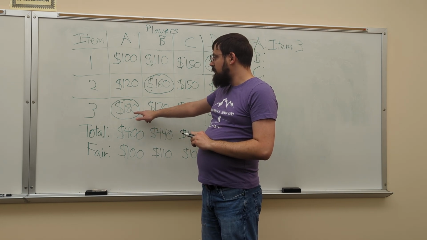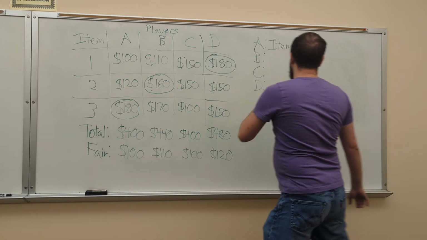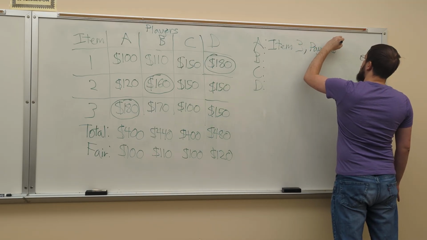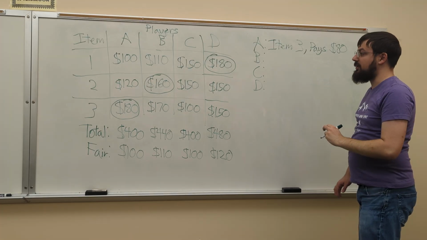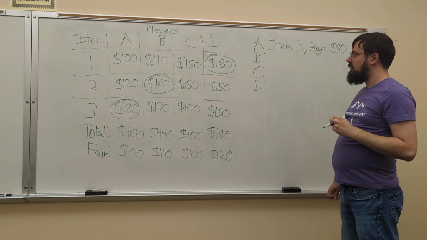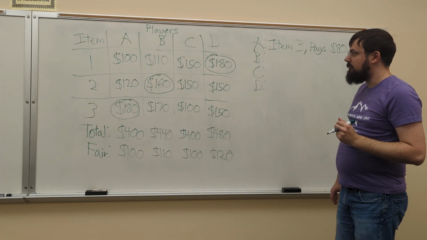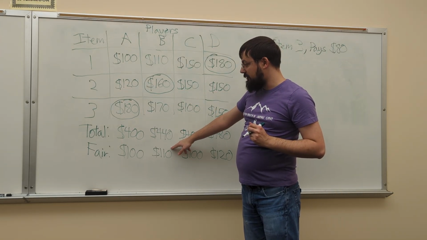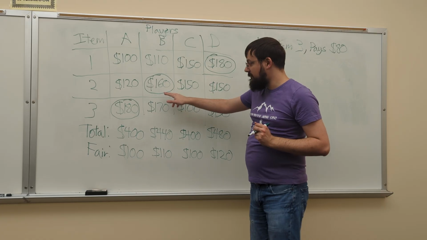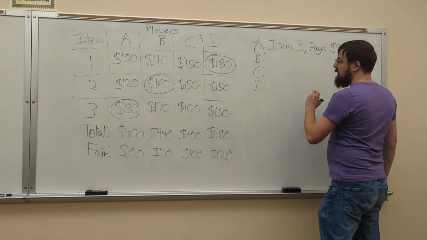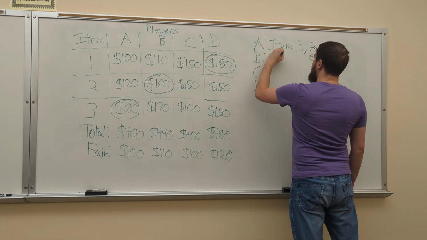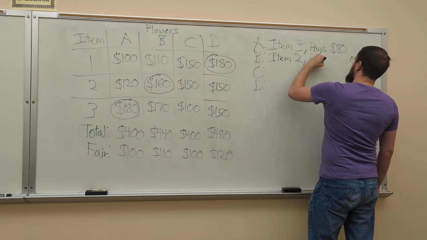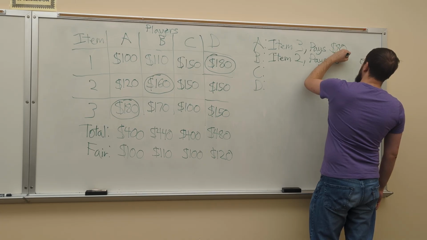So 180 minus 100, that's going to be $80. So A is going to pay $80 in addition to receiving item 3. B receives item 2, worth $160, but a fair share is only $110. So B is going to pay the difference, 160 minus 110, that's $50. So B gets item 2 and pays $50.